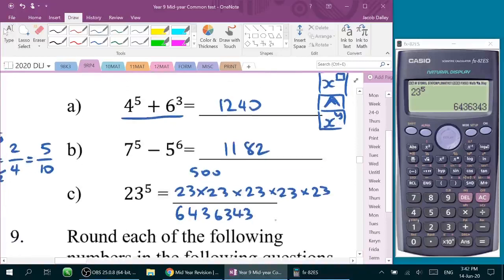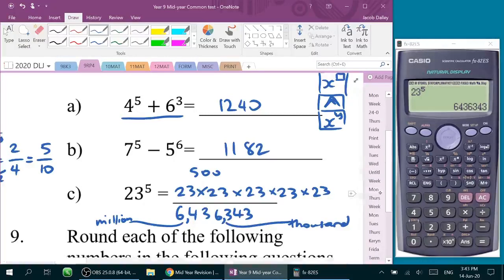So I always write the whole thing out, and then I come back and put some commas in, so it's easy to say what the number actually is. So 6,436,343. So the comma is when you say million, and then this comma is where you say thousand.